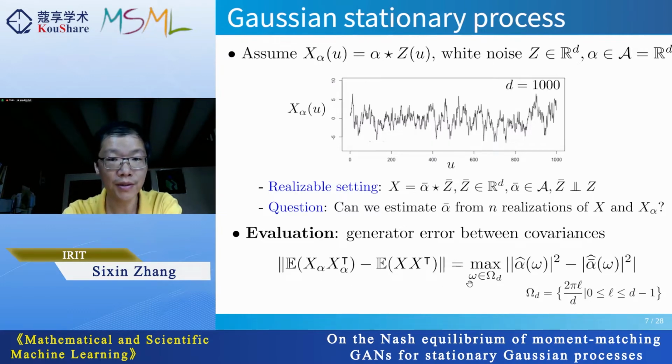And this covariance matrix error is measured by the Fourier transform of this filter alpha in the spectral domain, by taking the maximum over all the frequencies. And this can be seen as the eigenvalues of this covariance matrix. And what we are measuring is the maximum difference of eigenvalues between these covariance matrices. And these results are classical.